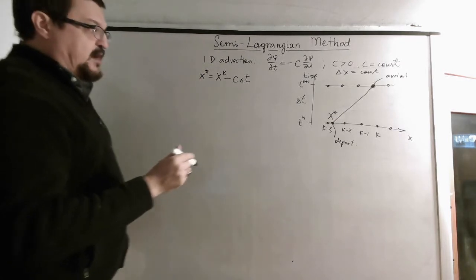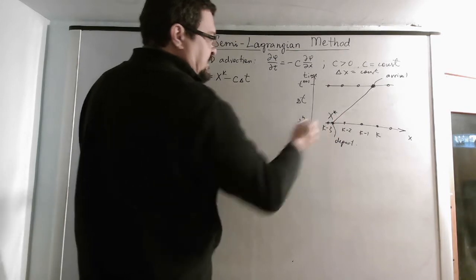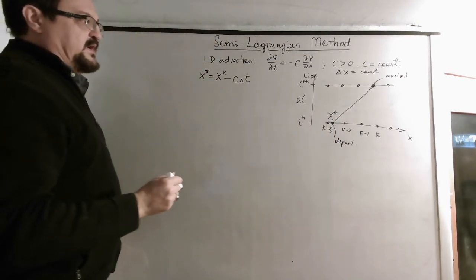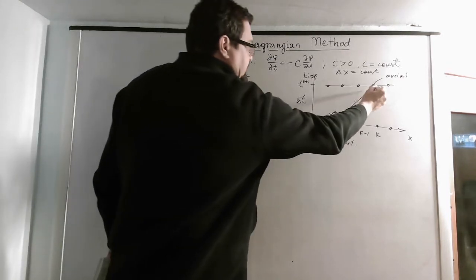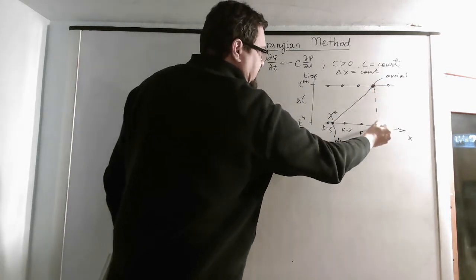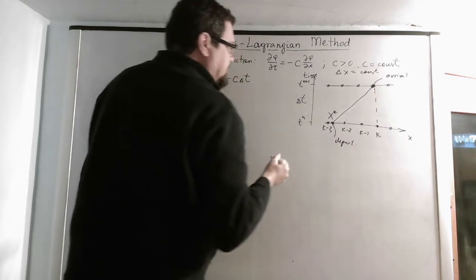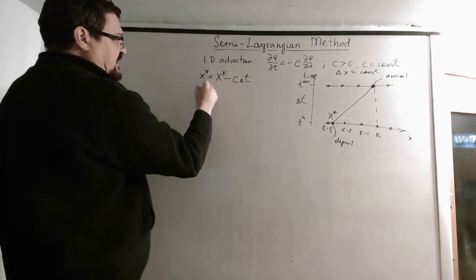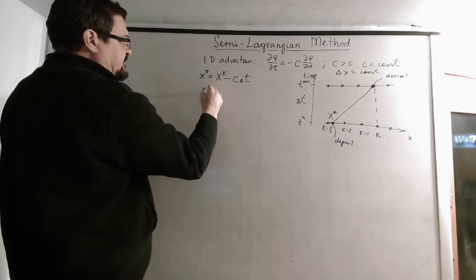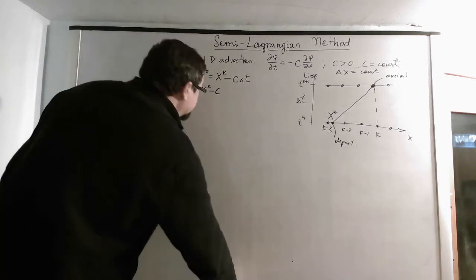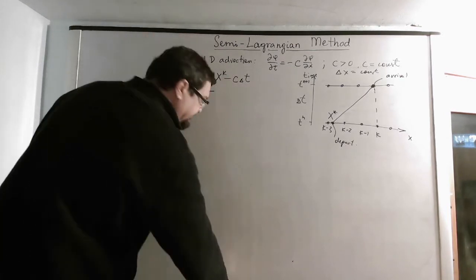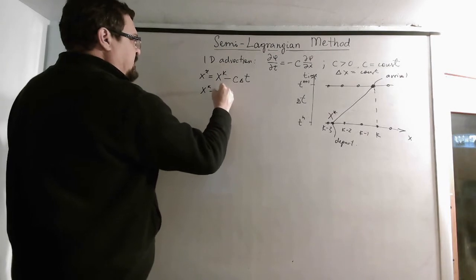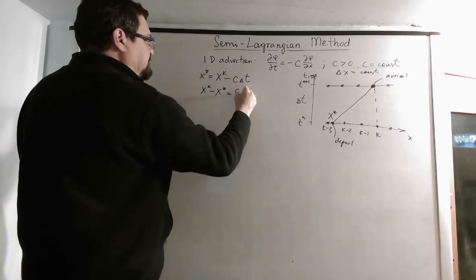So now how to find the indices where it would go? Well, you see that xk minus x star, this distance that it partially traveled, equals c delta t.